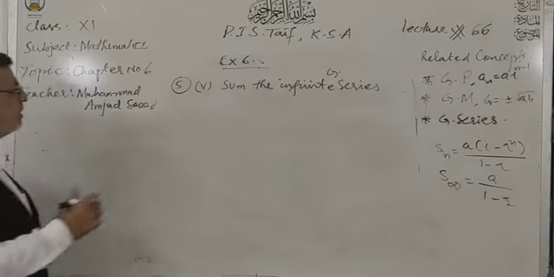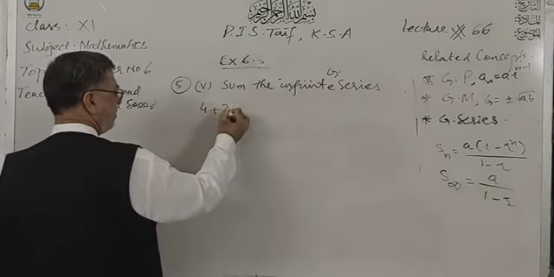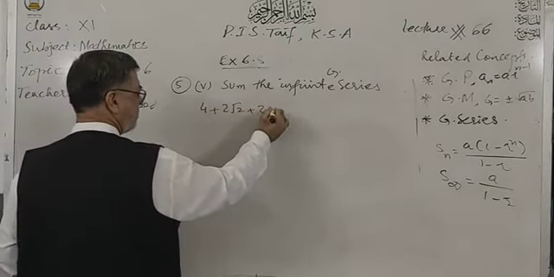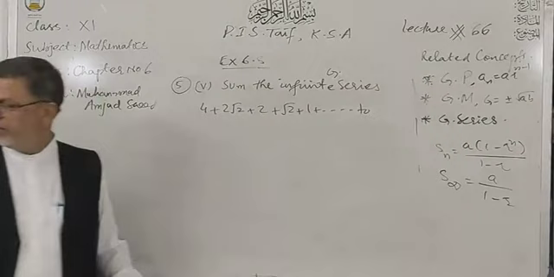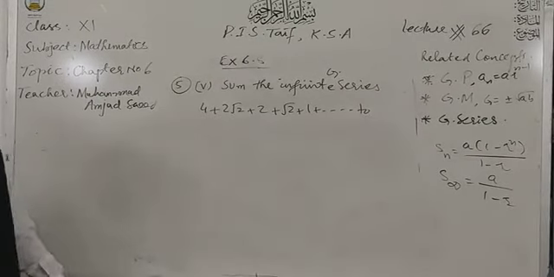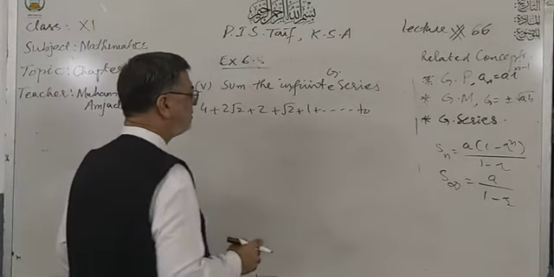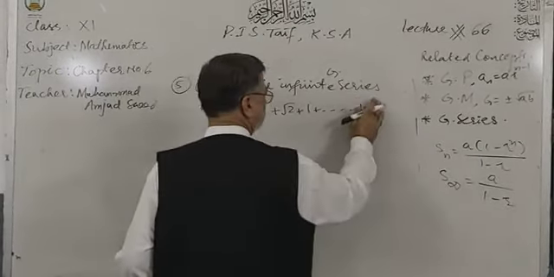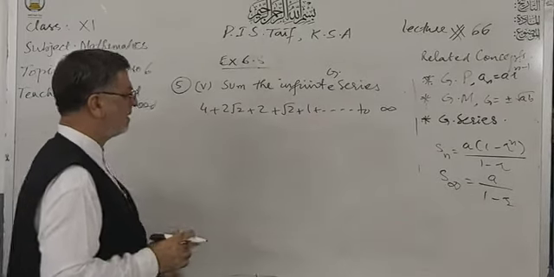4 plus 2 root 2 plus 2 plus root 2 plus 1 plus so on to infinity. The formula of S infinity is a over 1 minus r.